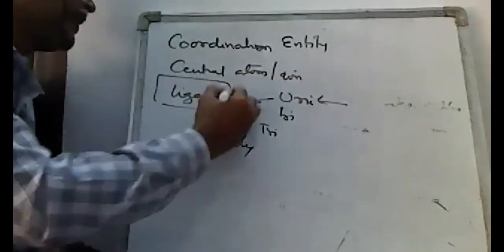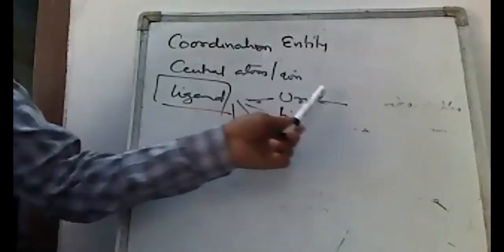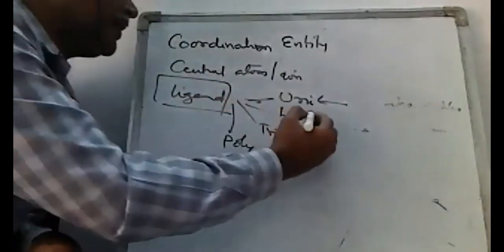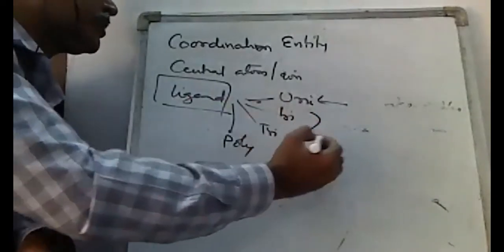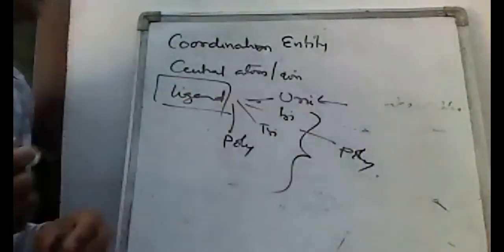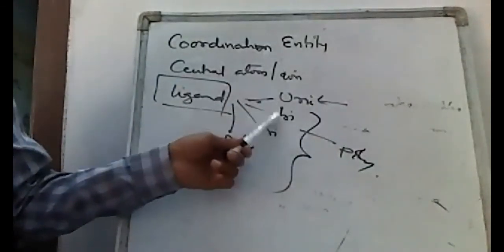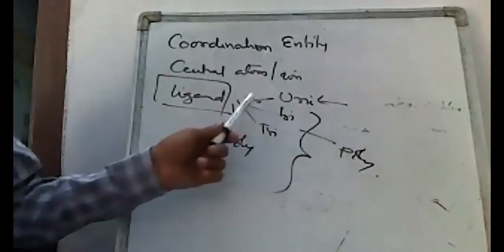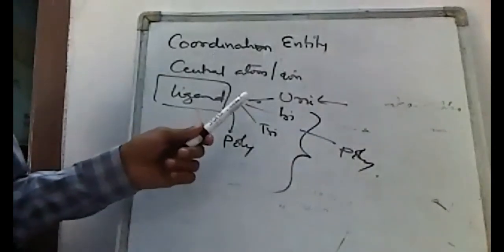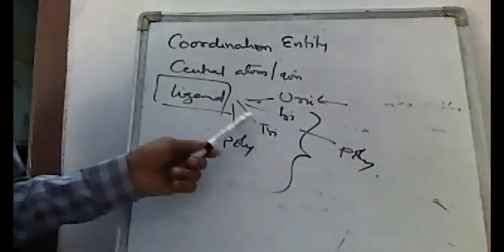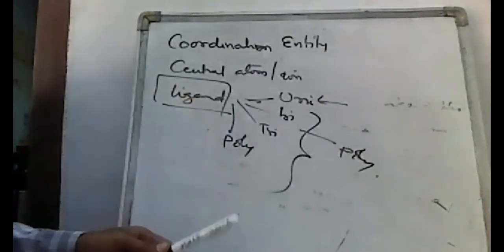If it has only one donor atom, we call it a unidentate ligand. If it has two or more donor atoms, it is a polydentate ligand. If it has two donor atoms and forms two coordinate covalent bonds, it is bidentate. If it has three, tridentate. If it has four, tetradentate.